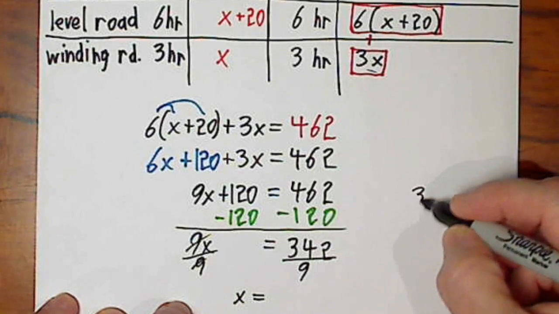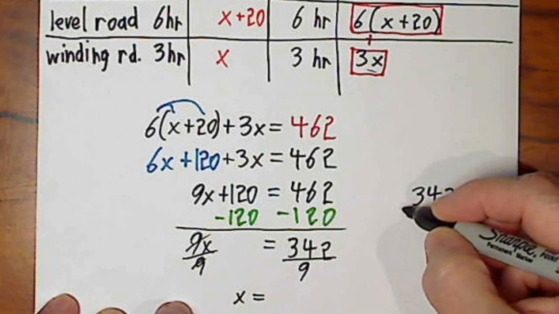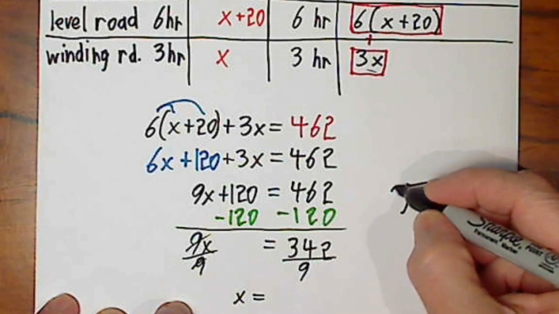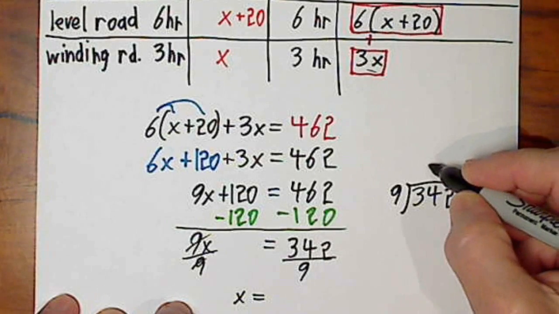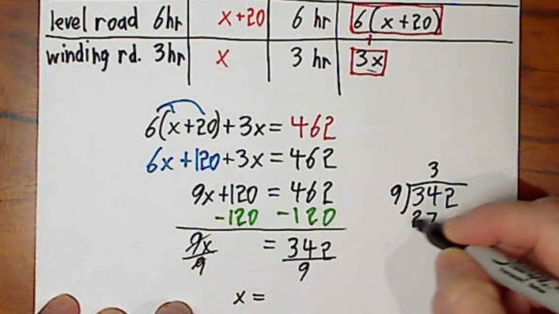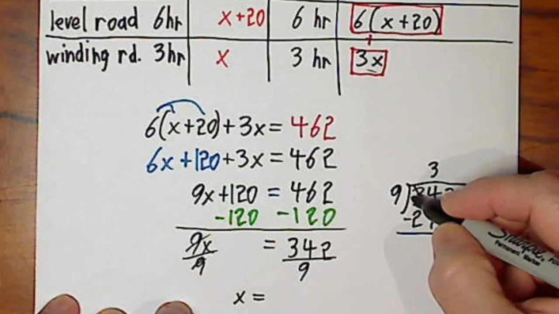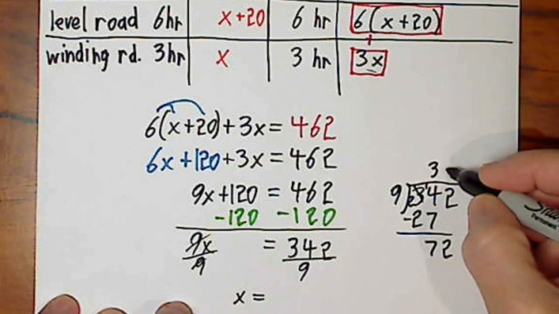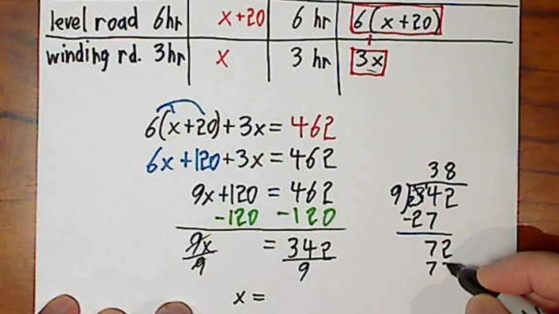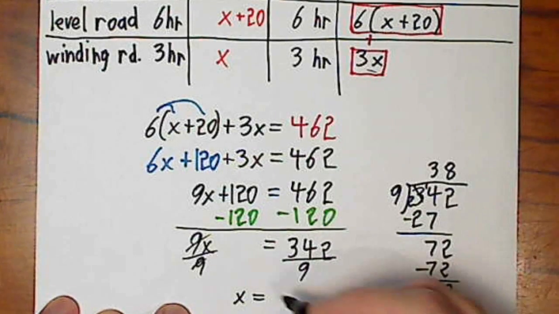I want to be careful. I don't like making mistakes on video. Okay, so 9 goes into 34 3 times. And 9 goes into 72 8 times. So there's 38.